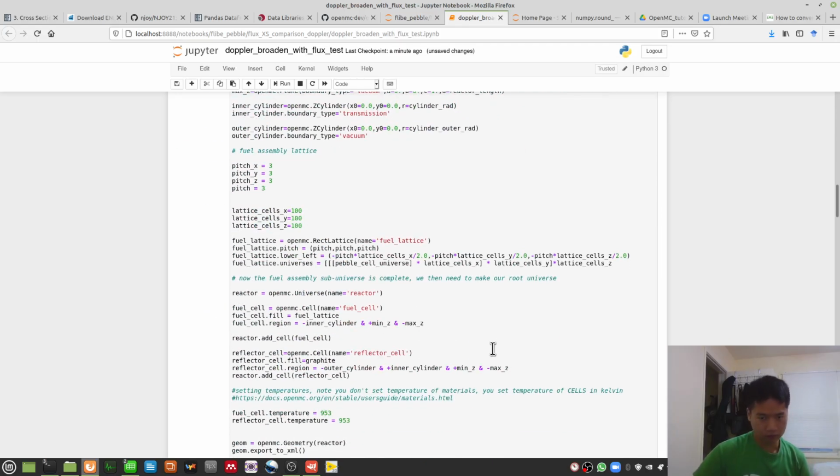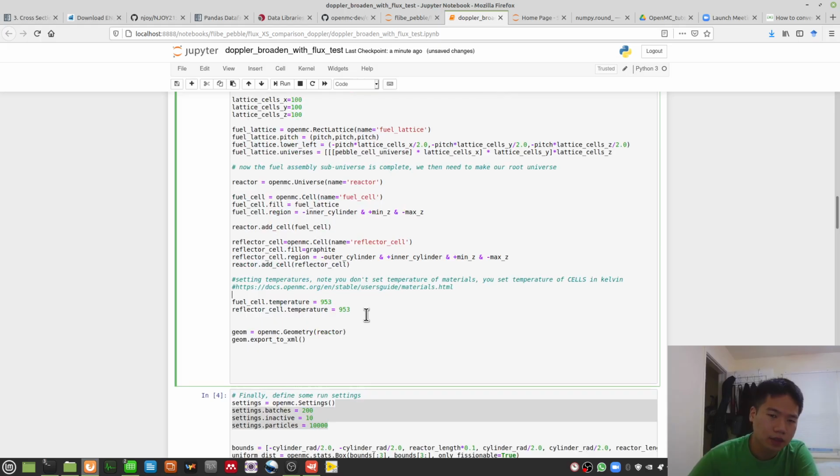Alright. I don't want to overdo it. And let's put this. There are two temperatures I actually want to check now. One is 973, which is the upper bound of the operation temperature. One is 873. It is likely the fuel will get very hot, and I can actually test this at, I think, 1200, because it is a temperature available in both the S alpha beta libraries and also the normal cross sections.